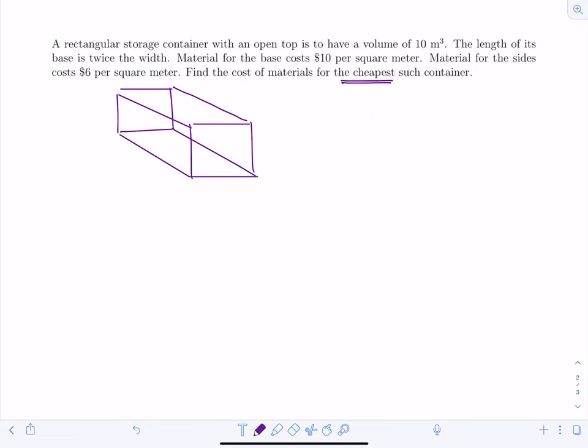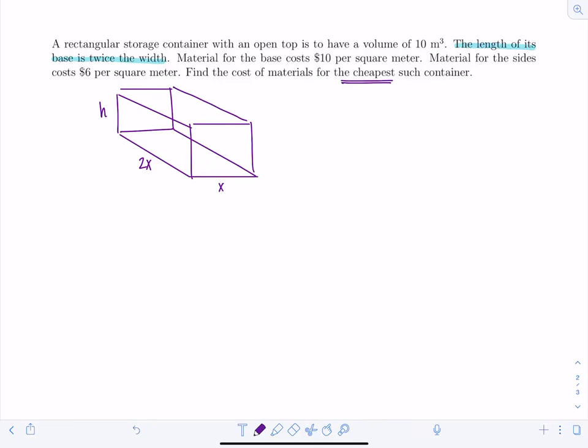And it's a very special container because the length of its base is twice the width. So we can label those sides whatever we want. Let's say this is the width, then the length is going to be twice that, or 2x. And then we don't know anything about the height, so I'll just call it h.